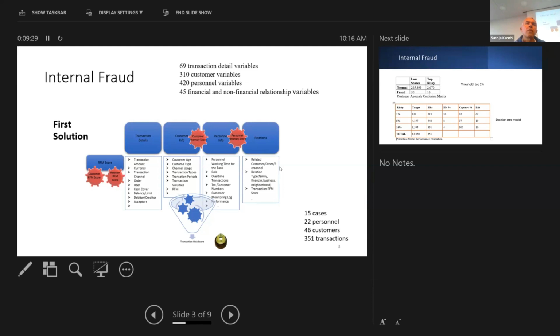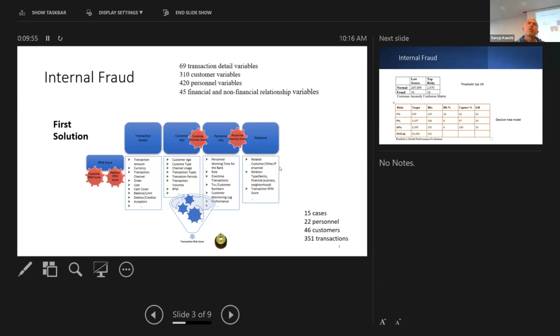So these two RFM scores, and then we applied anomaly detection technique to customers, for example, as compared to other customers. You know, anomaly detection is kind of clustering. We identify the natural clusters, and then we measure the distance of the customers from the cluster centers.